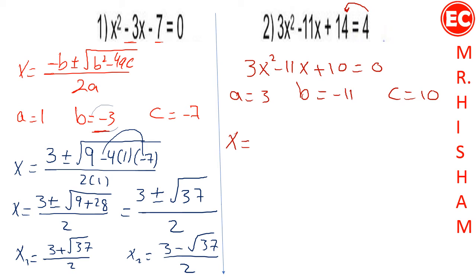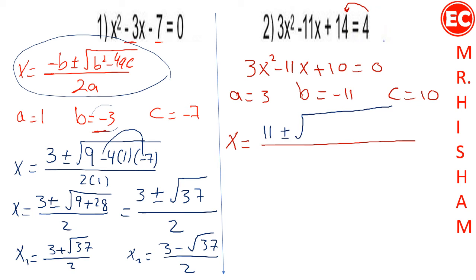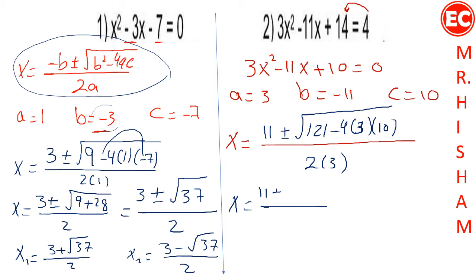So x is equal to... here we have the quadratic formula written. So it's negative b, which is 11, plus or minus the root of 11 squared, which is 121, minus 4ac, which is 4 by 3 by 10, divided by 2 by 3. So x is equal to 11 plus or minus the root of 121 minus 4 by 3, which is 12, and 12 multiplied by 10 is 120.